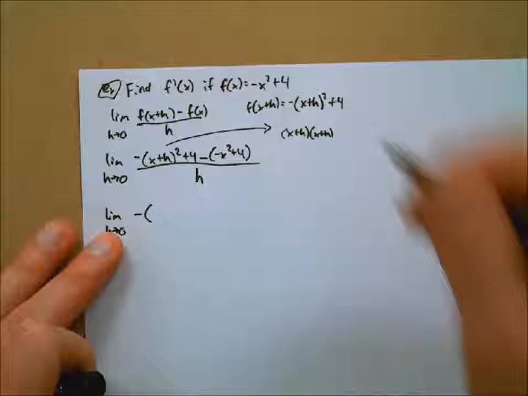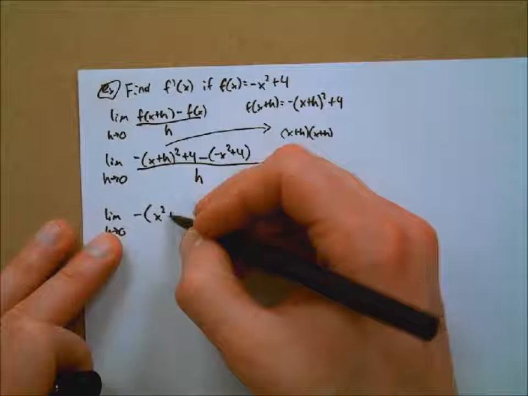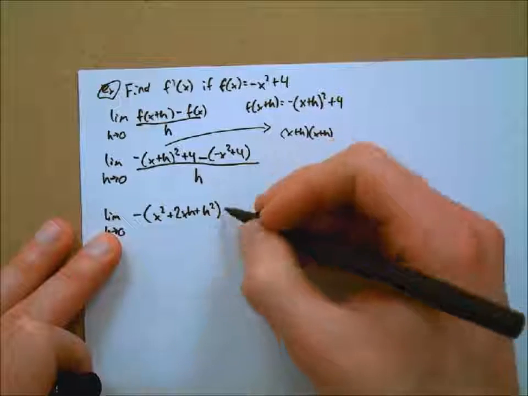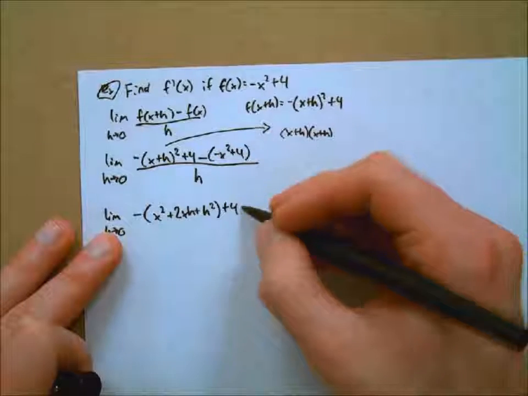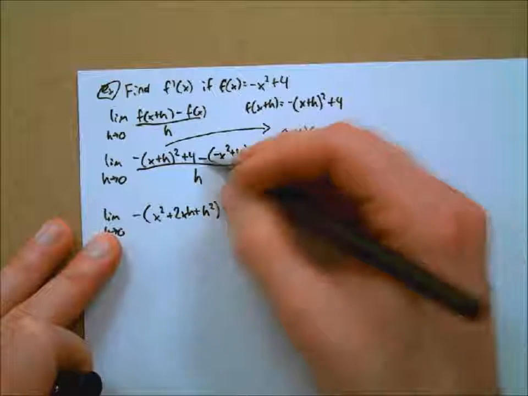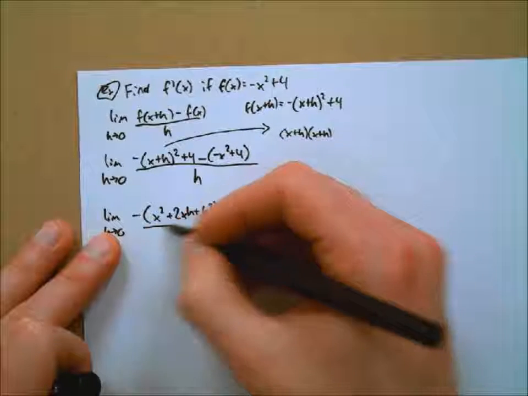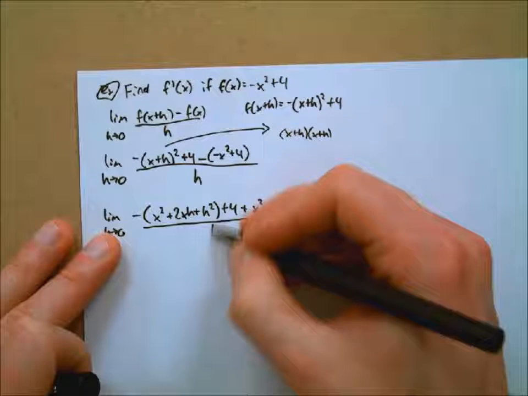So we're going to get x squared plus 2xh plus h squared plus the 4. And I'll go ahead and distribute the minus sign. So it'll become minus and negative, so plus x squared minus 4 all over h.